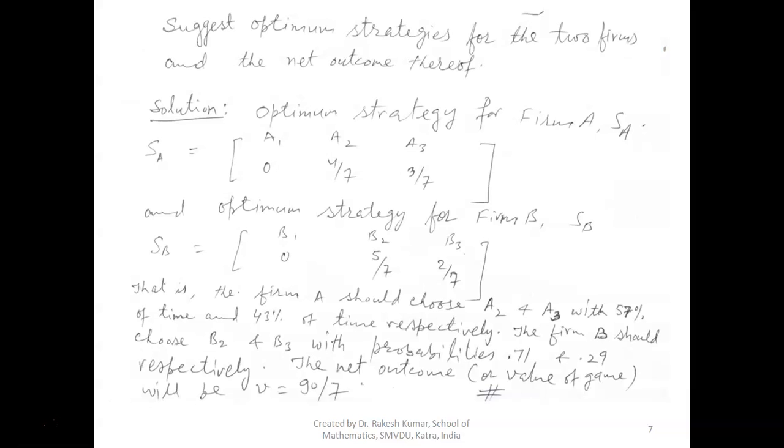We can talk about many other competitive situations, games like two participants or two candidates fighting for election of a particular constituency. Both of the candidates may be applying their strategies. Similarly, there could be war games.